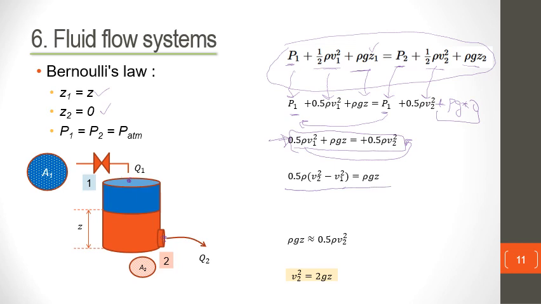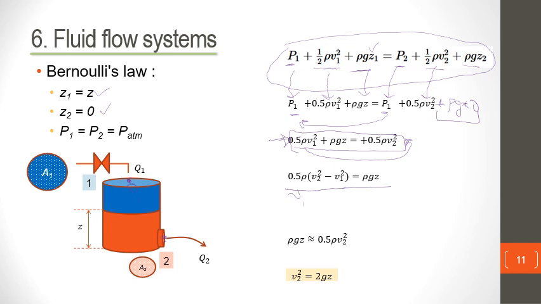So the equation that we are left with is this: half of rho times the difference of the two velocity squares is equal to rho times g times Z. But we will notice that the flow velocity at the top of the tank, compared to the flow velocity at the bottom of the tank, is very different. Because the tank's cross-section is big, the speed of flow here is going to be very small.